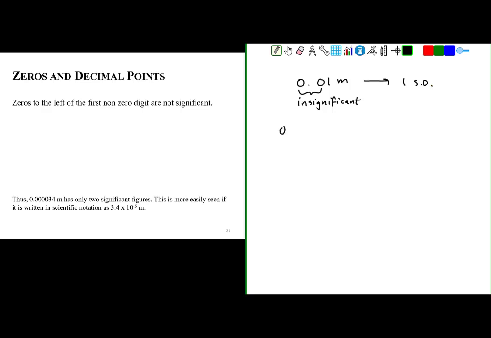Let's look at the number 0.000034 meters. All of these zeros are to the left of the first non-zero digit, so all of those zeros would be considered insignificant, which means that this number has just two significant digits.